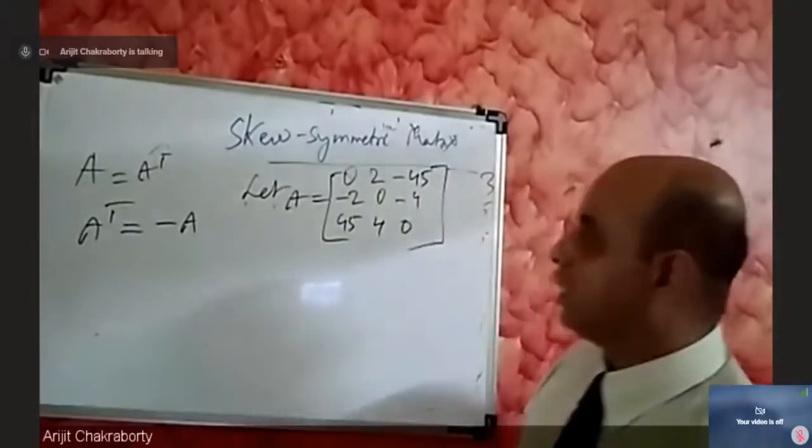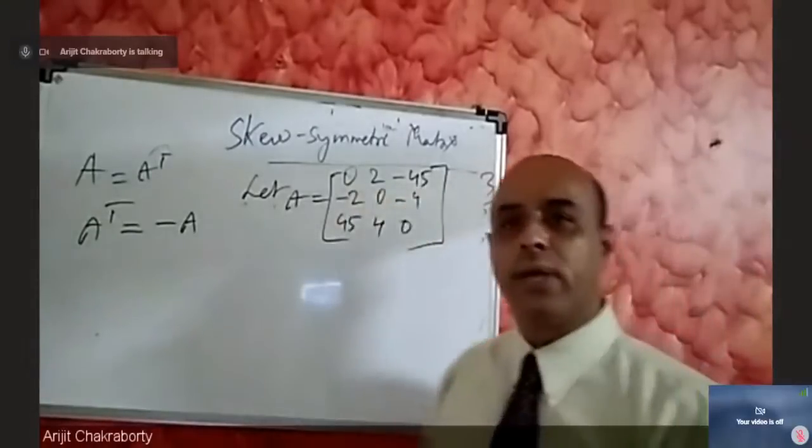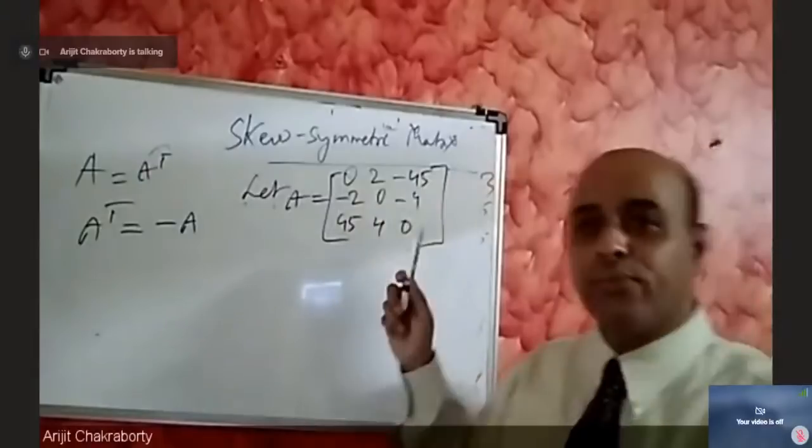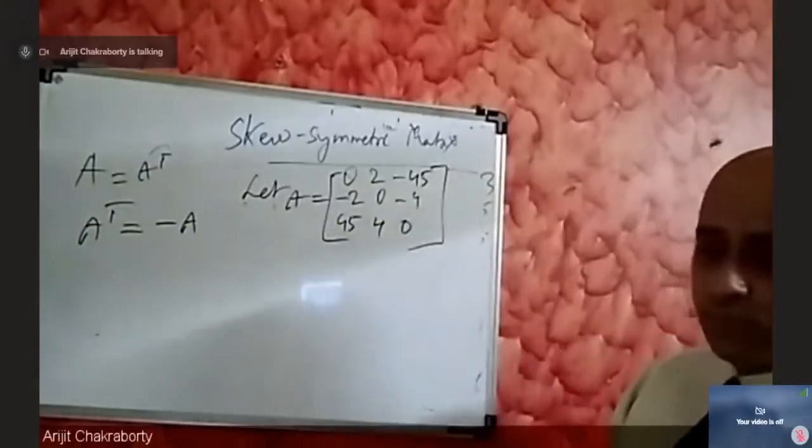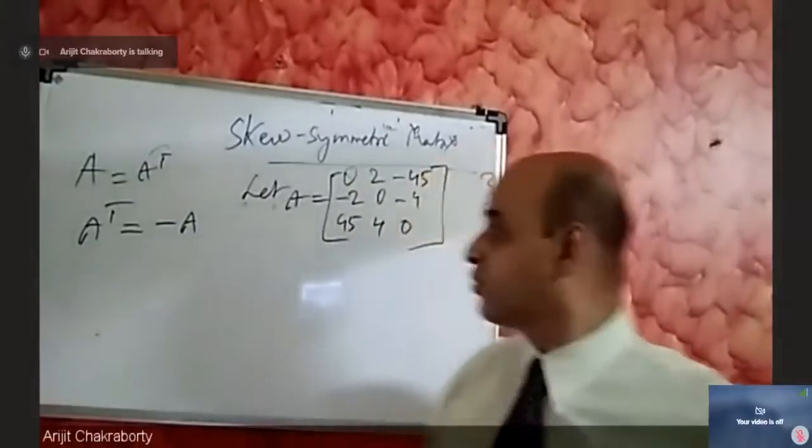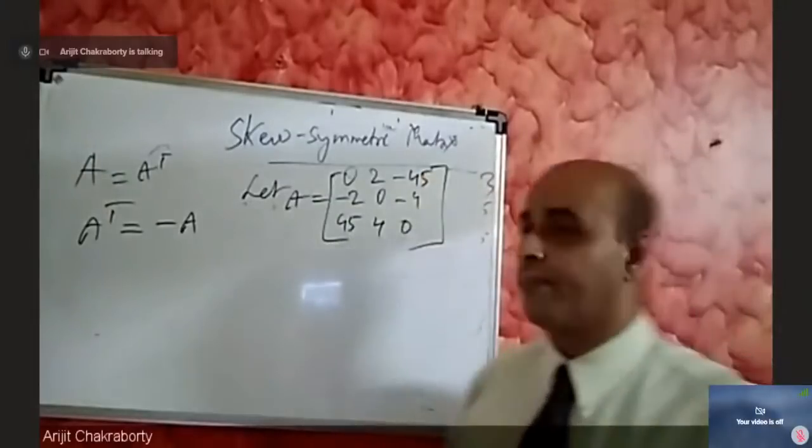This is the matrix. So it is 0, 2, minus 45. Minus 2, 0, minus 4. And 45, 4 and 0.